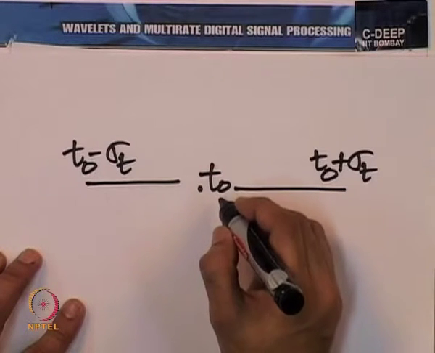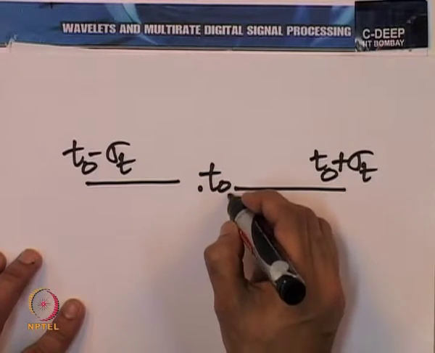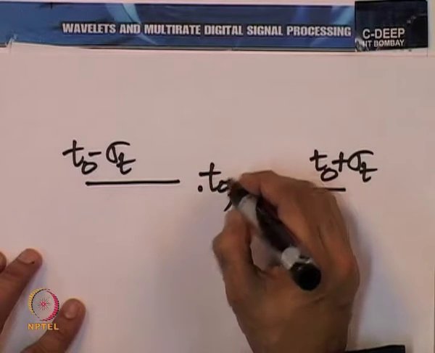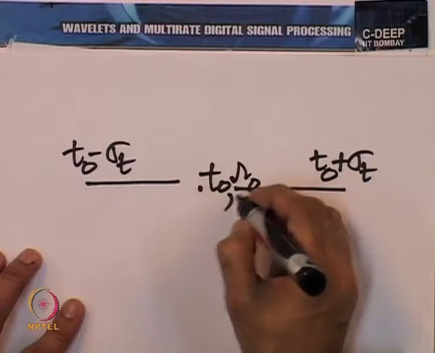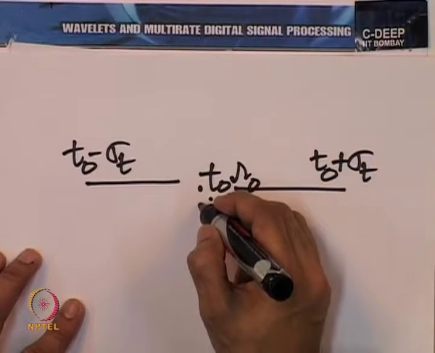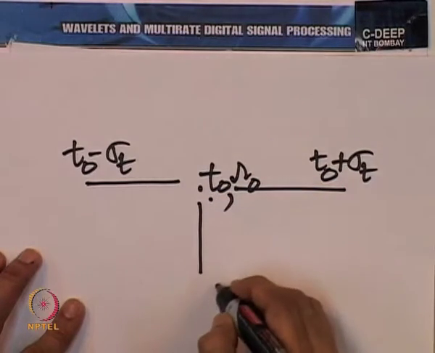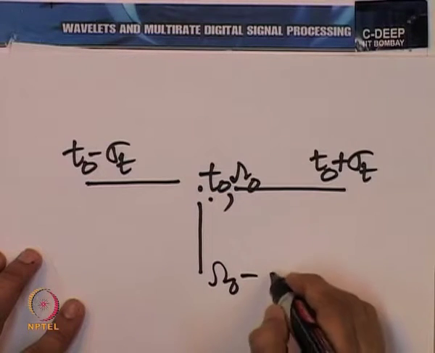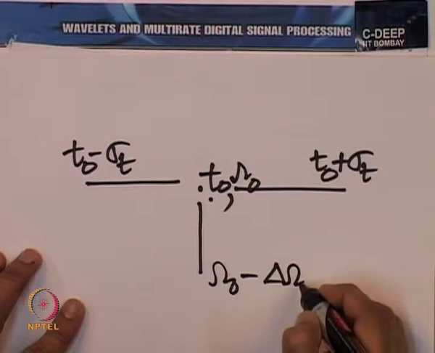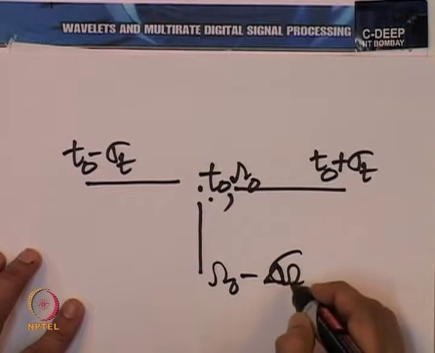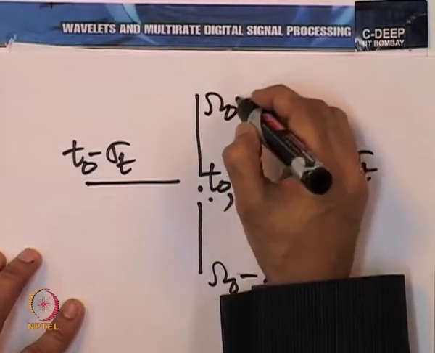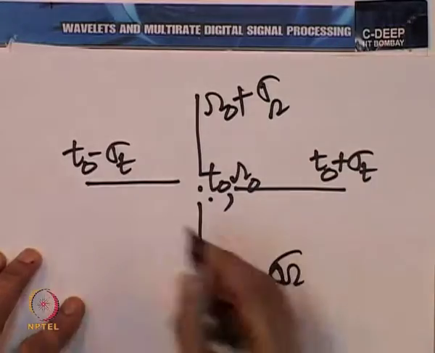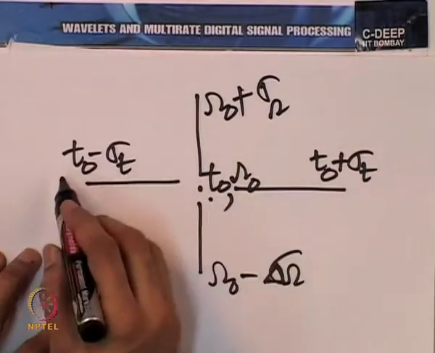This is the horizontal axis, and on the vertical axis we could center it at capital omega 0, namely the frequency center, and we could spread it to omega 0 minus sigma omega, if you please, and above we could take it to omega 0 plus sigma omega. So, this is in some sense notionally the spread.